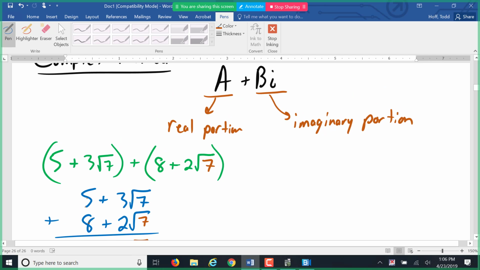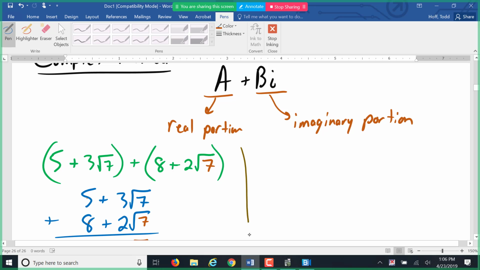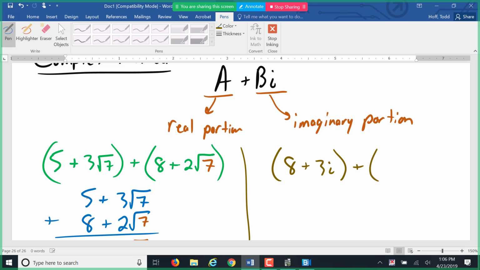Same type of thing happens with our complex numbers. We might have 8 plus 3i plus 2 minus 7i.